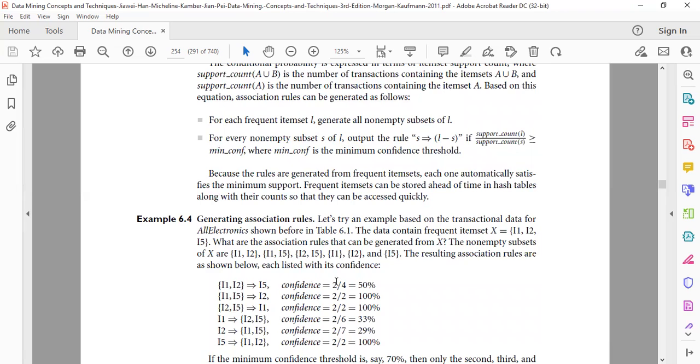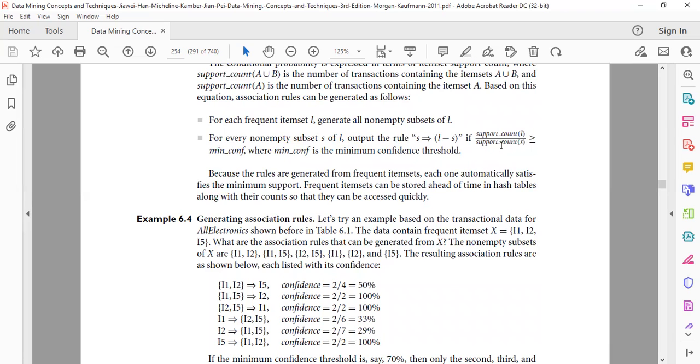So L is the entire set, consisting of I1, I2, I5, and as we had seen, the support count of this was 2. So in all these confidence terms, the numerator is 2.